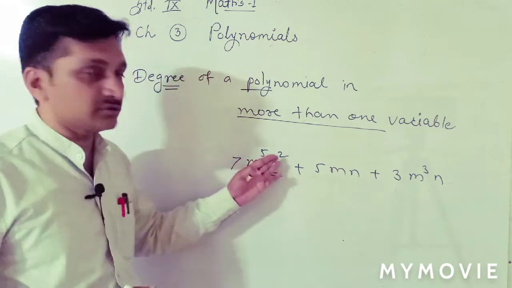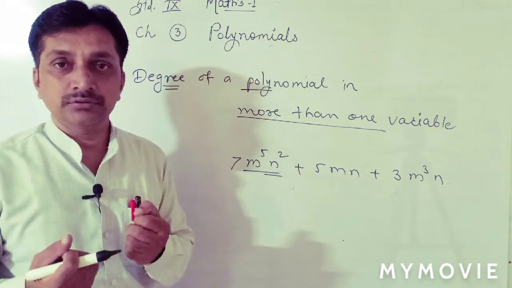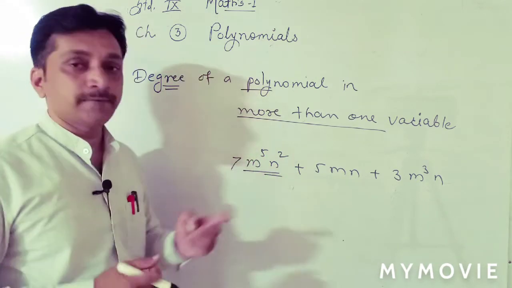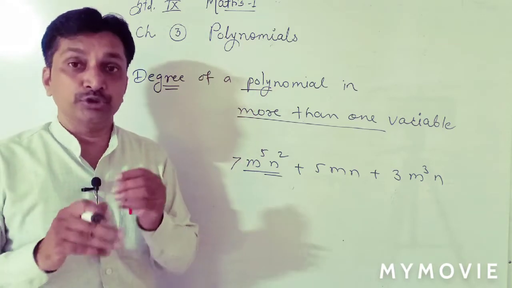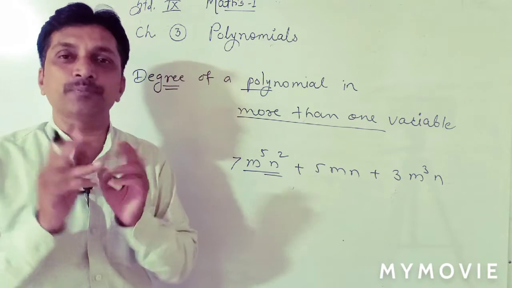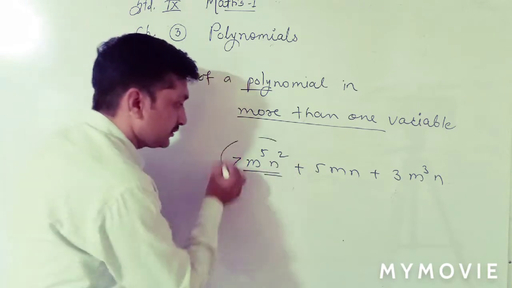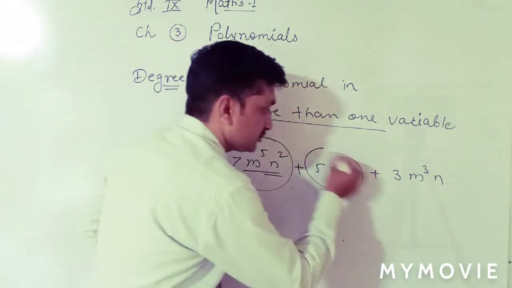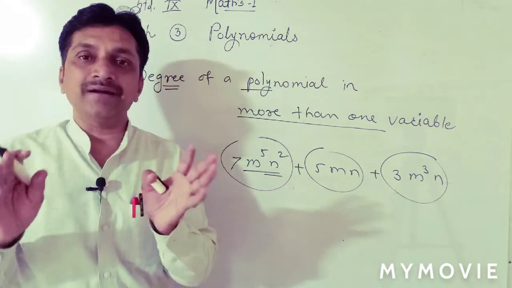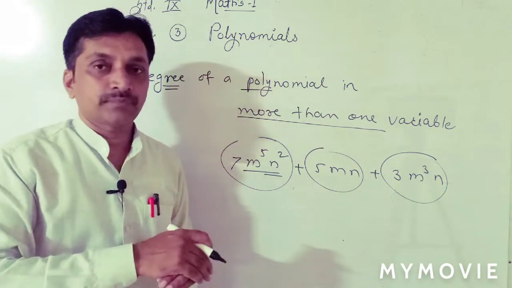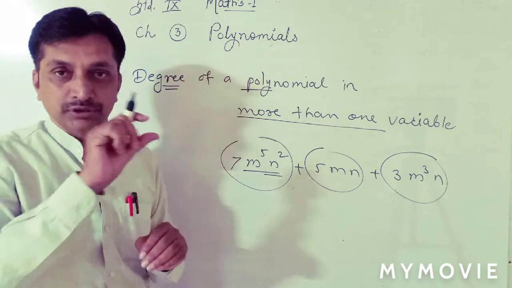Now here we cannot find out highest power because that is mixed. At that time you have to add, or you have to do the sum of powers of a single term. Now this is a single term, no? This is this one and this one. You add powers of the whole term.